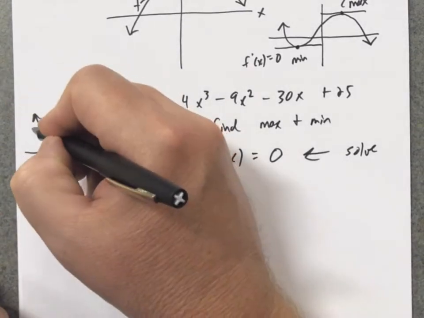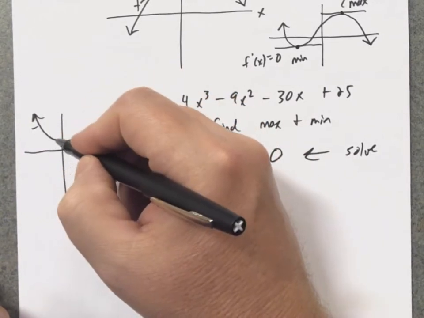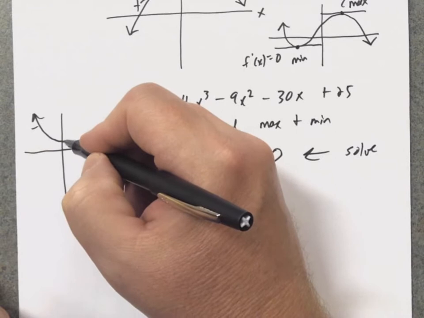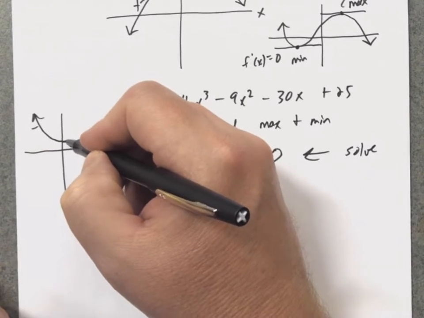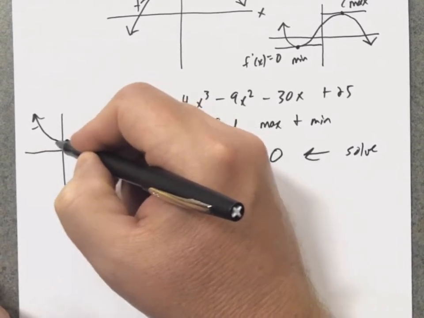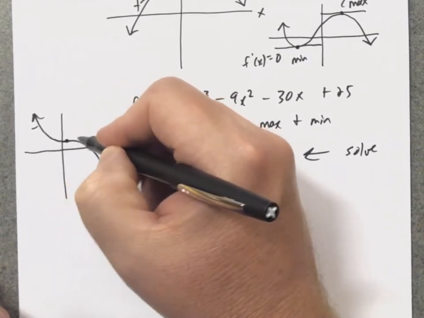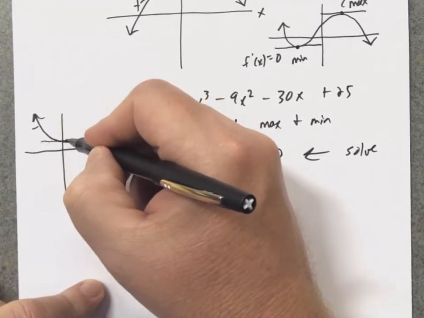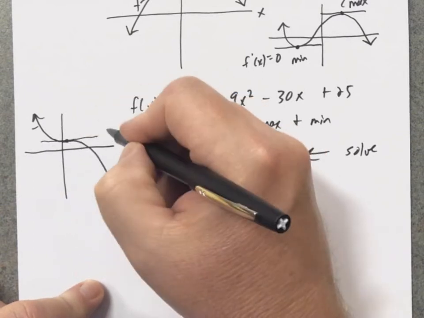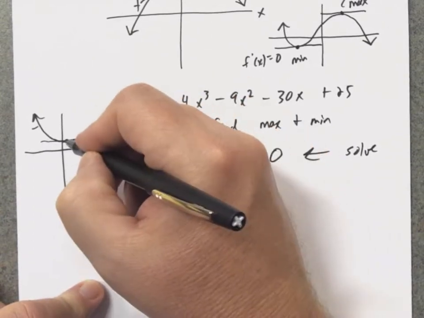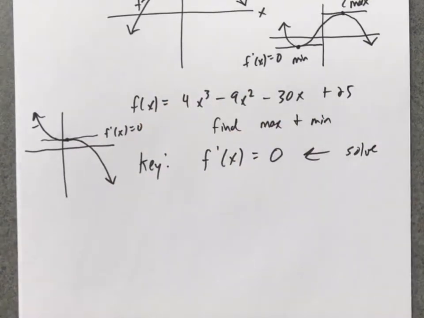Well, it's negative here. Here, it starts to flatten out. As a matter of fact, right in here somewhere, this function is actually horizontal. If we were to draw the tangent line, we would say right in here, the first derivative is 0.